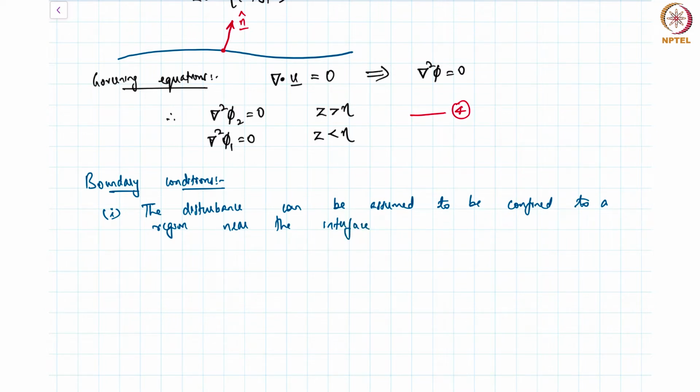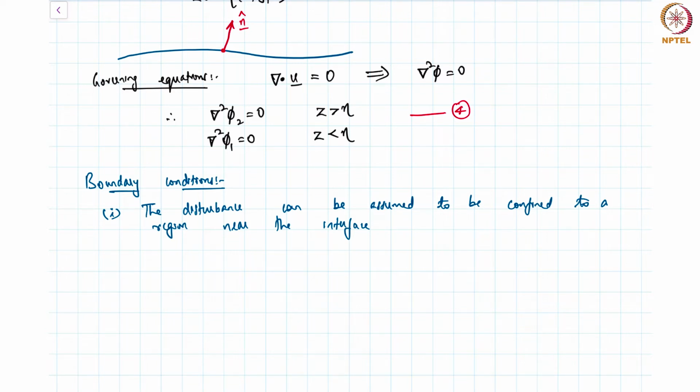In other words, if you have two unbounded streams that are coming and merging, where unbounded means the upper stream extends from z equal to 0 to infinity, and the lower stream extends from z equal to 0 to minus infinity, the streams will attain their uniform velocity far away from the interface, meaning they couldn't care less about what is happening in the vicinity of the interface. There could be an instability in the interface, that's fine, but far away you would expect the velocity to reach the far field condition, which is a uniform flow.